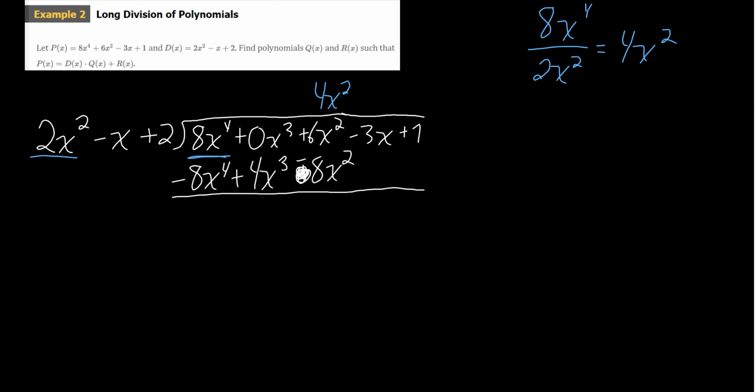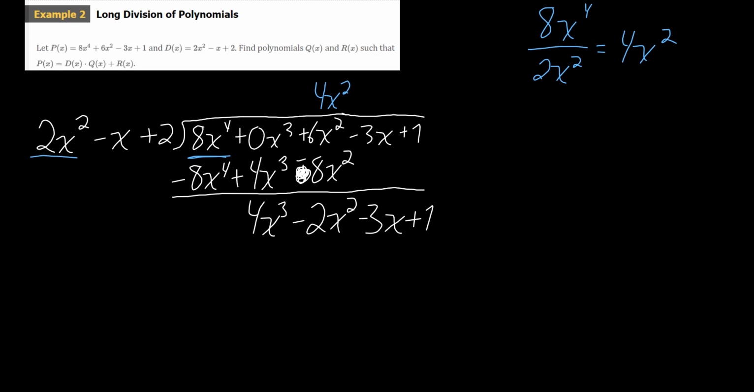Then I'm going to do the arithmetic. Well, that zeroes out. Perfect, that's what I want. We're on the right page. This is a 4x cubed, and then we've got a minus 2x squared, minus 3x plus 1.